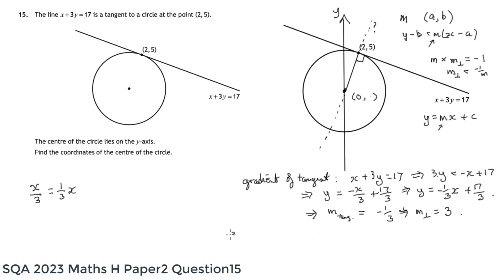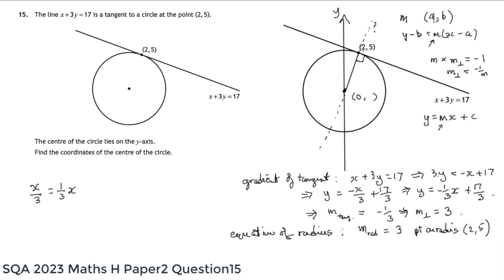So the equation of the radius, this line, well, what do we know? We know the gradient of that radius is 3, and we know a point on the radius is the one that we were given, (2, 5).